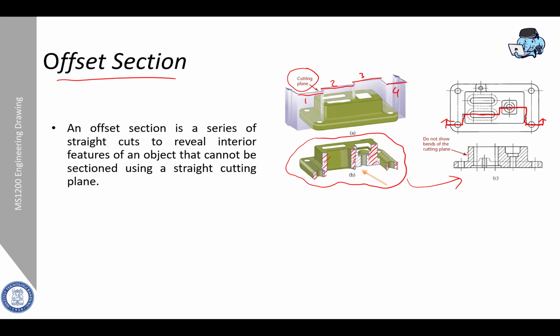This line does not show bends of the cutting plane. What does bend mean? You can see this is the cutting plane, and this is the cutting plane, but it changes the cutting surface.